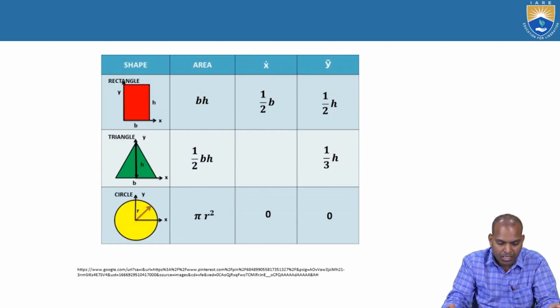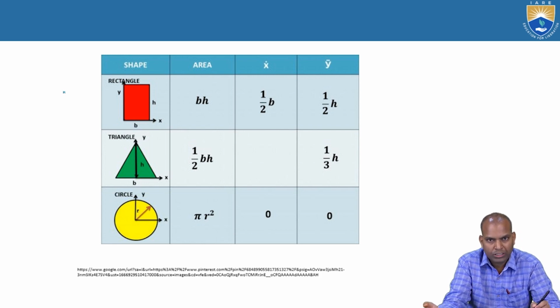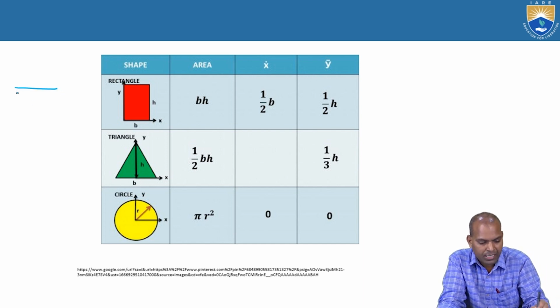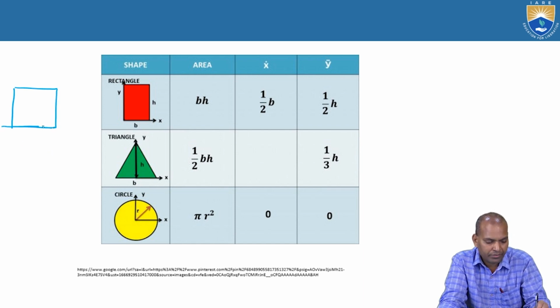Coming to the centroid, how is the centroid denoted? Suppose we consider a rectangle; there are two reference axes.